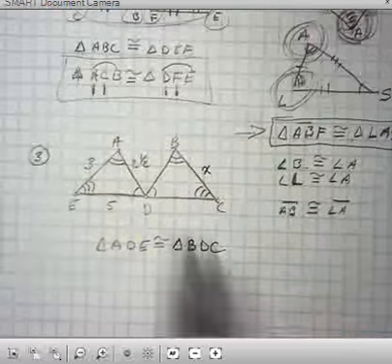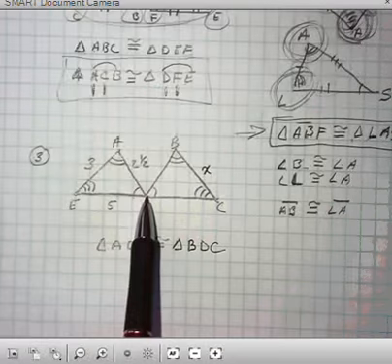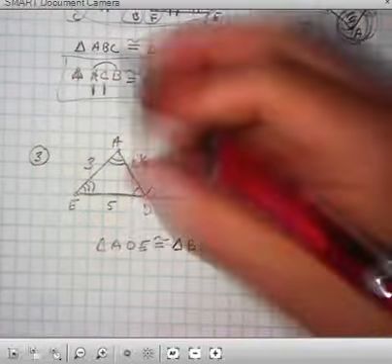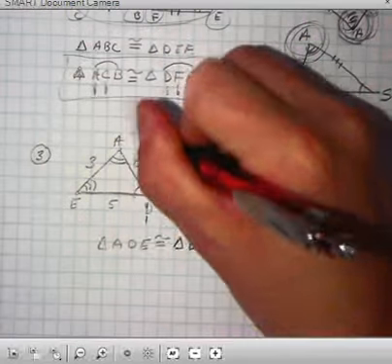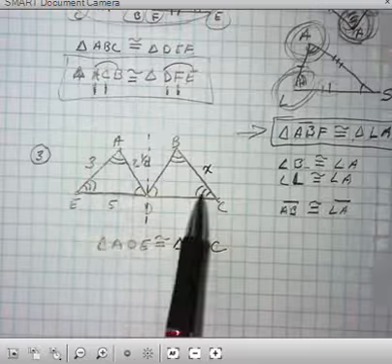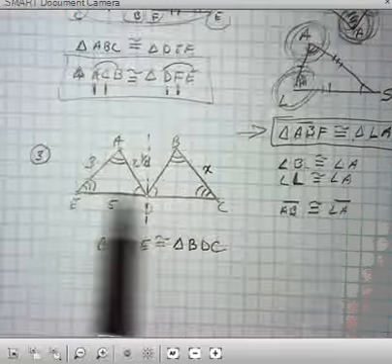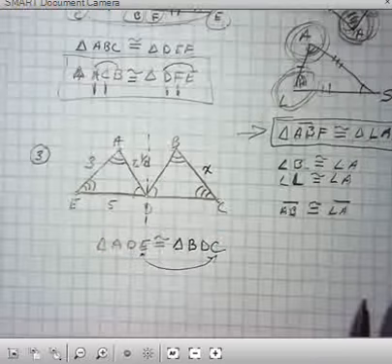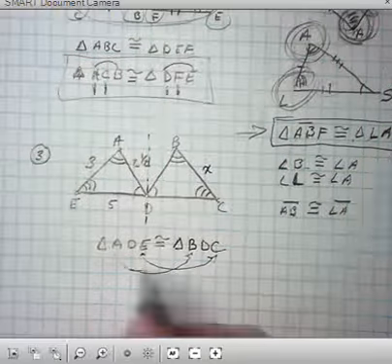Good. Yeah, this is just a reflection. Think of it as just like this line right here is your line of reflection. This triangle is being reflected over to that side, so that E matches up with that C. We can tell that right here. The E and the C line up, and the A and the B line up.